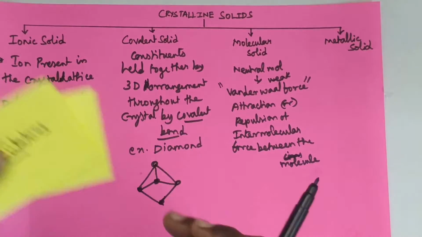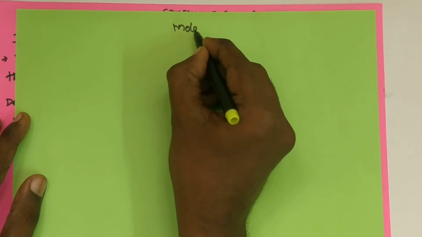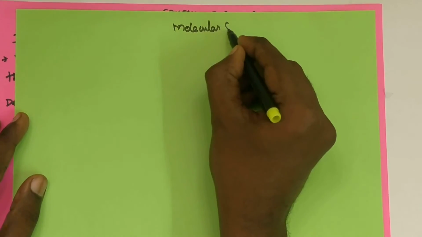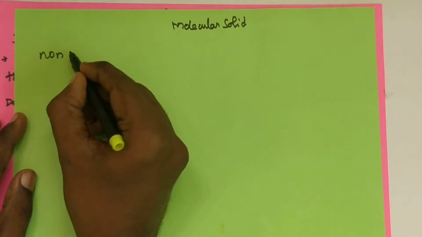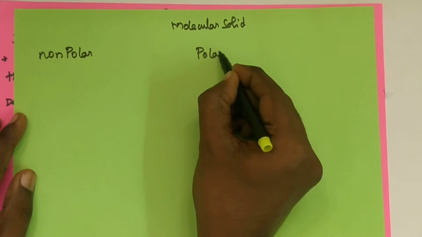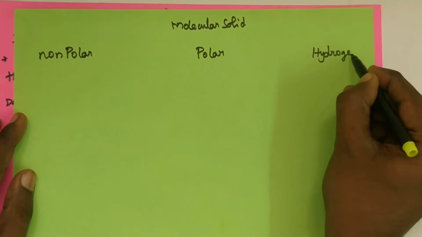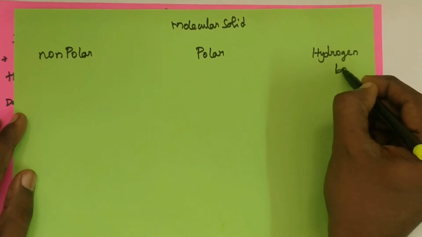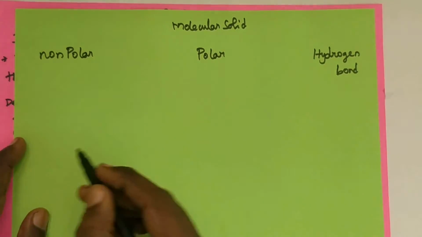So molecular solids are classified into three types: non-polar molecular solid, polar molecular solid, and hydrogen bonded molecular solid.